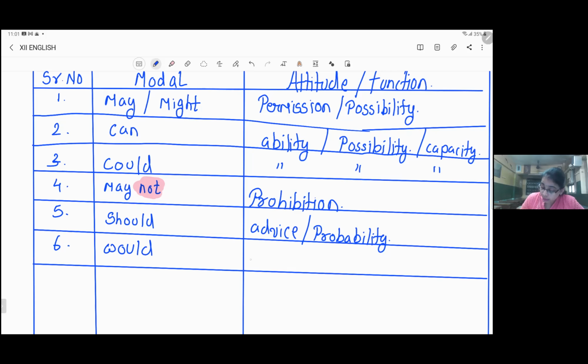Habitual action, you can write here. Clear? Habitual action in the past.